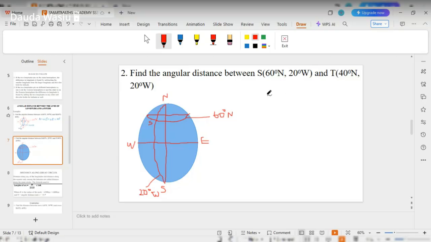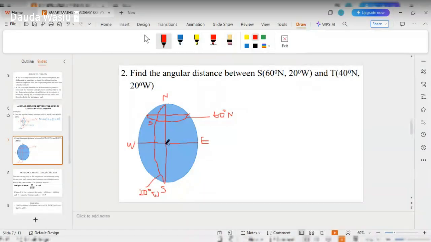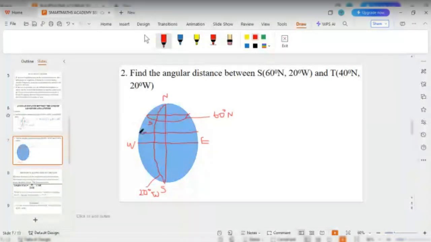So then you go to the point T, 40 degrees north. So it's also on the north, but the main center here is 0 degrees. Definitely we are going to get to 40 before 60. So your latitude 40 degrees north will be before 60 degrees north. So it's somewhere here, because they fall on the same side of the equator. So we now have this.